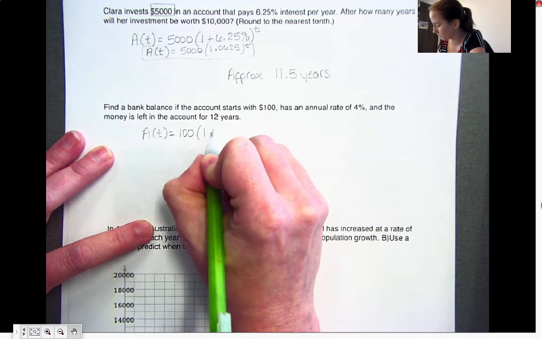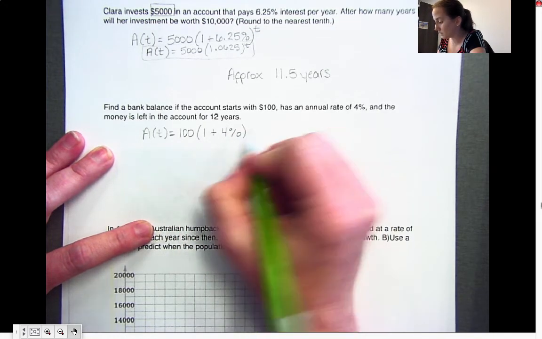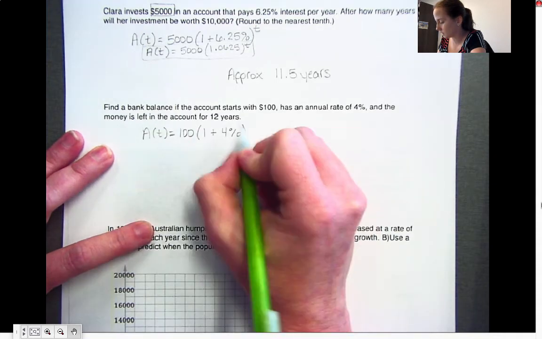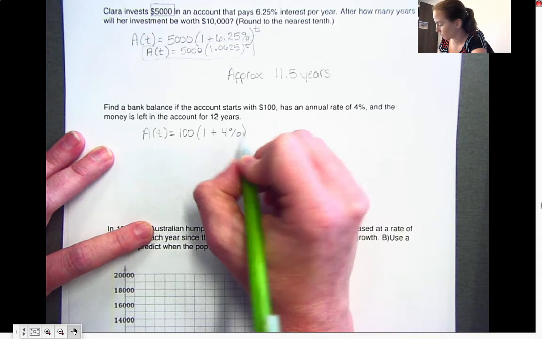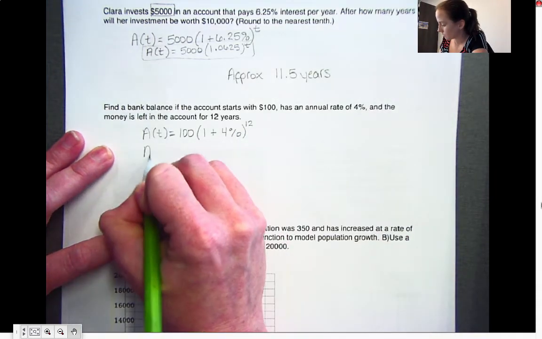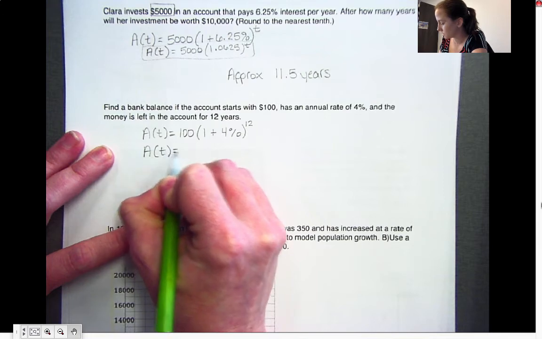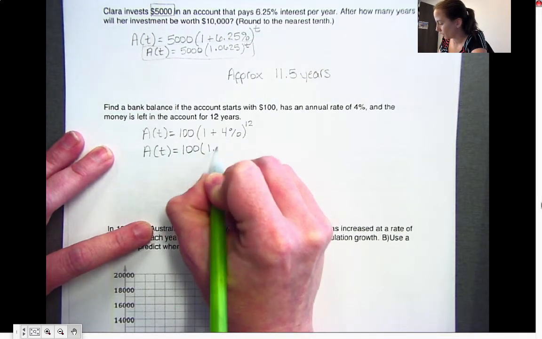So 1 plus 4%. And we want to leave it in for 12 years. Since it's not asking us to predict anything, we have already been given the 12, so we just put the 12 in. A of t, change your percent to a decimal and combine it with 1: 1.04.